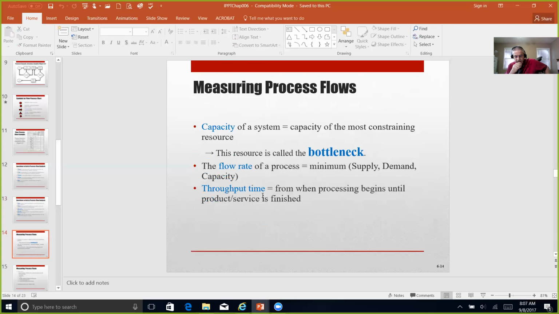Let me come back to the example they use in our textbook, the airport screening example, where the resources include the workers who check the passengers' ID and boarding pass, and the operators who run the X-ray equipment, and the X-ray equipment itself.